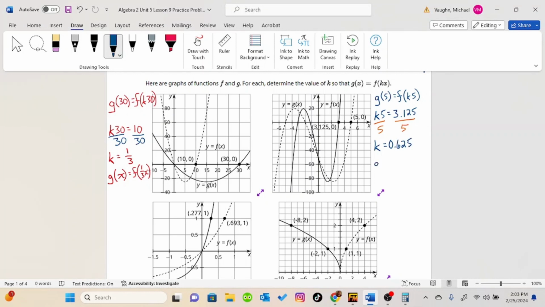So that means g of x equals f of 0.625x.